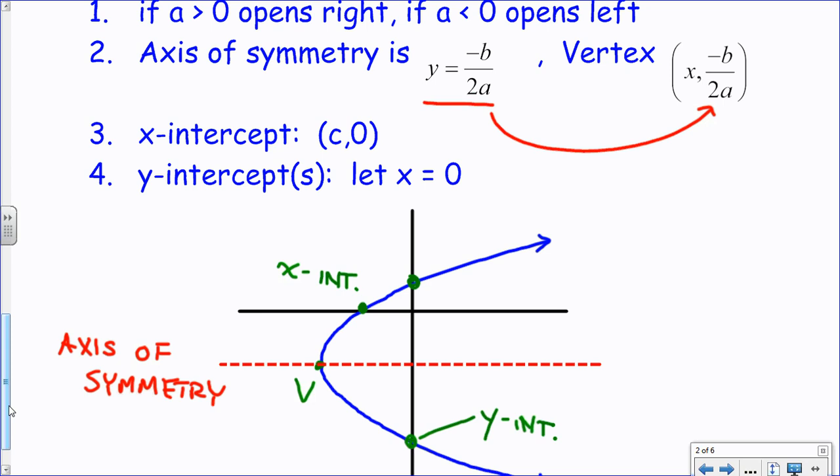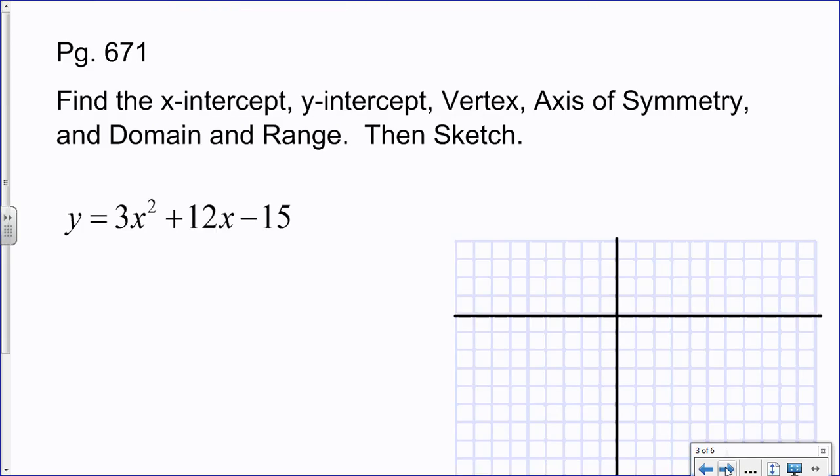Okay, so let's practice this. So I'm given this equation in standard form, and I want to find the necessary parts: x-intercept or x-intercepts, y-intercept, vertex, axis of symmetry, and then domain and range.